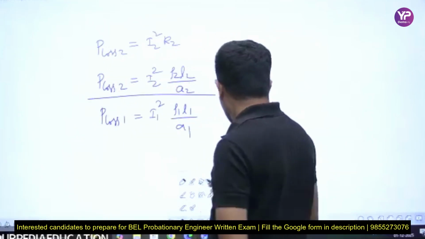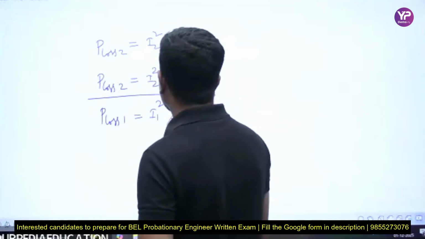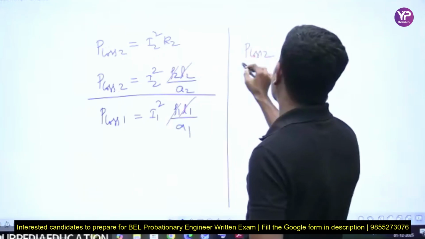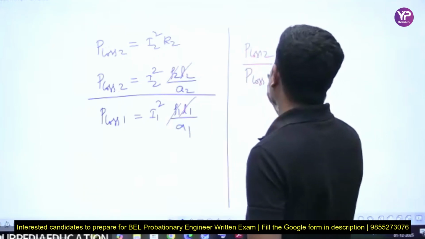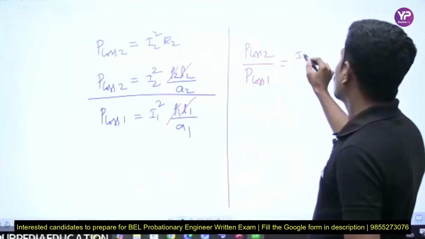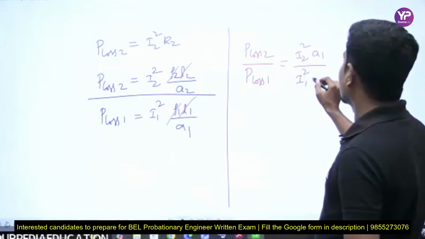Let's divide these two. Whatever gets cancelled, we cancel: rho 1, rho 2, L1, L2. Now power loss 2 by power loss 1 is I2 square A1 by I1 square A2.